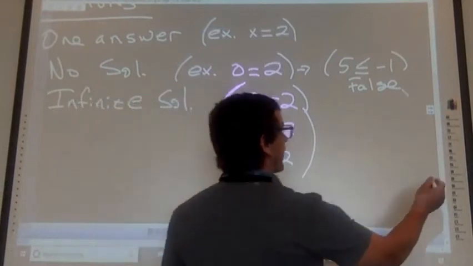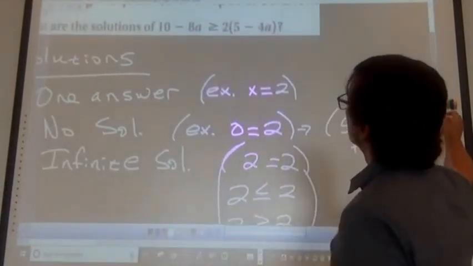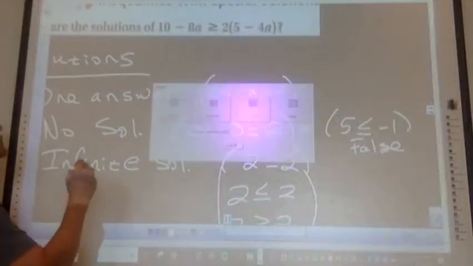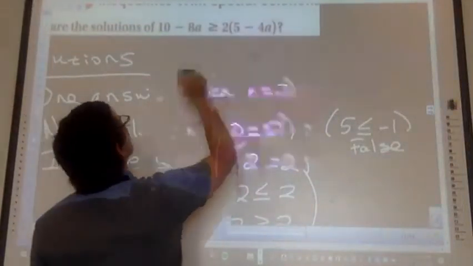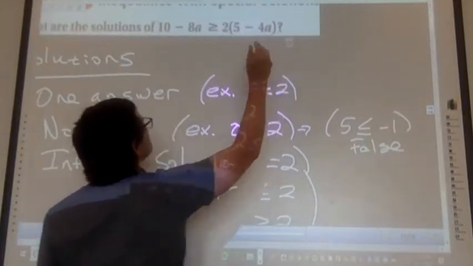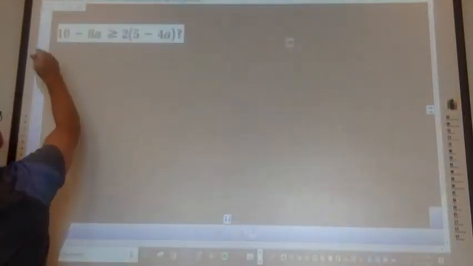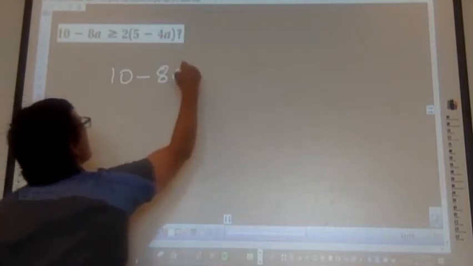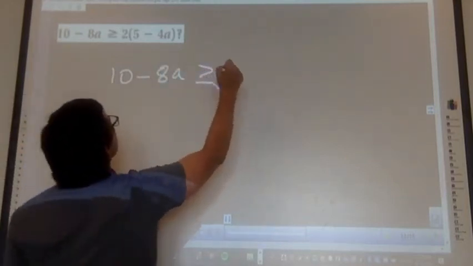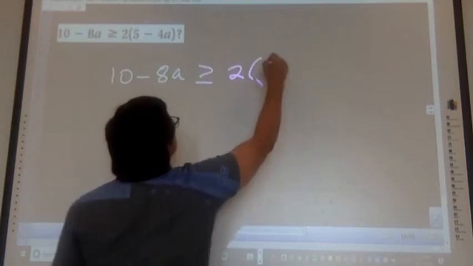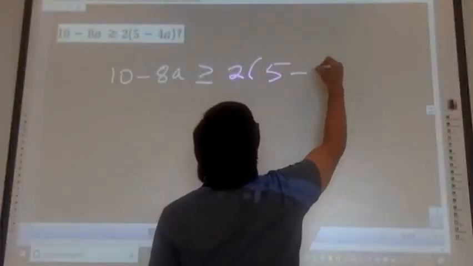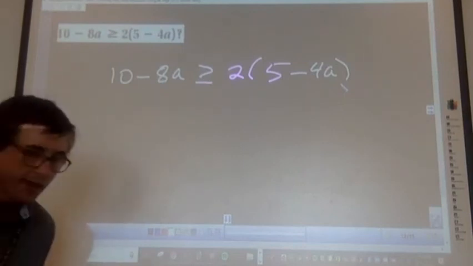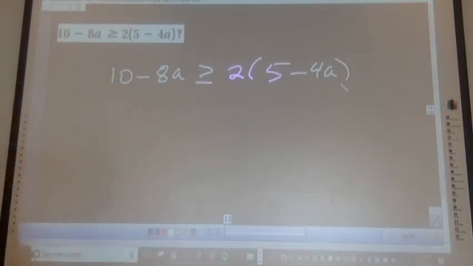And I'm going to go up and copy our problem to a new page. So we have 10 minus 8a greater than or equal to 2 times the quantity 5 minus 4a. What did you do first, Dawson?